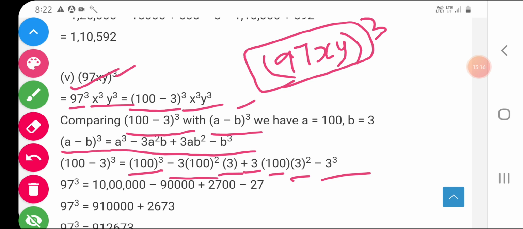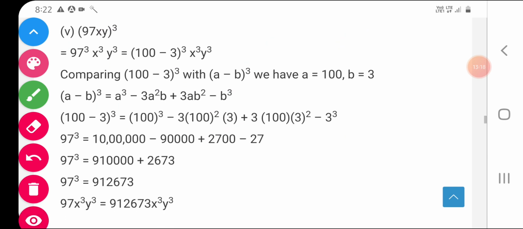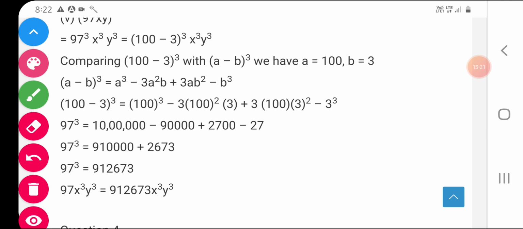Now when we expand this, we will get the value. Finally, 97 whole cube x cube y cube, we have to attach the variable x cube y cube. That's it, our answer. Hope you understand.